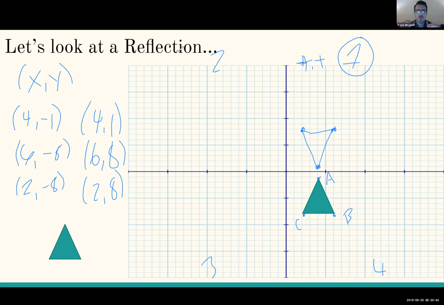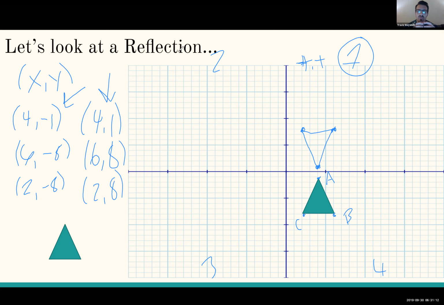So if we know what quadrant it falls in, we can use the knowledge of the signs of that quadrant to change the first set of coordinates that we have here and make new coordinates to determine the new location of that triangle. The first step is finding the coordinates of the figure you're given based off of its location.